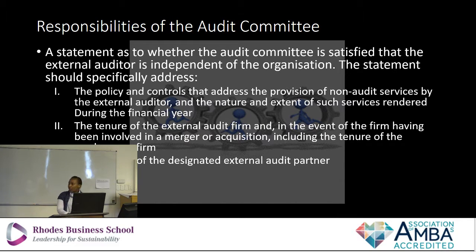And then the third one would be the rotation of the designated external audit partner. This is done so that we don't keep bringing the same people and then we develop a relationship with them and we're able to influence them, and then they stop acting objective or giving correct audit findings.